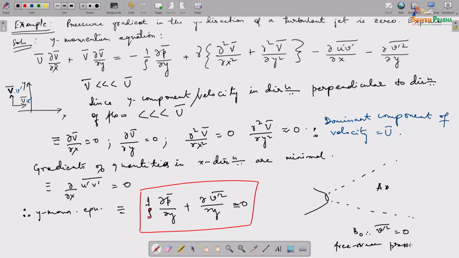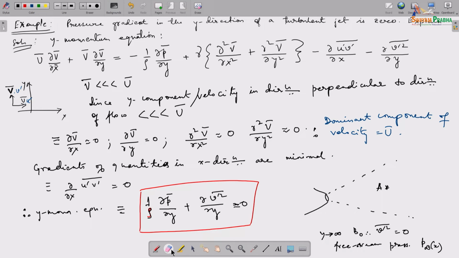This one is essentially far off, the turbulence domain. So basically we integrate between these two points A and B.